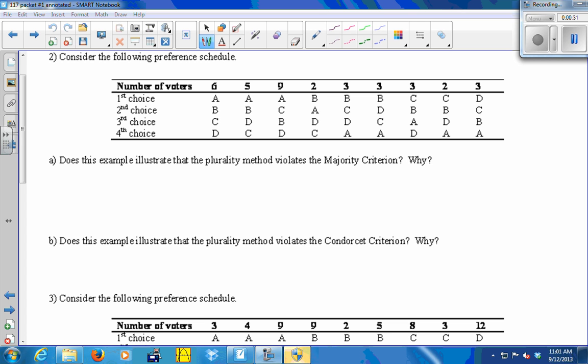So how many voters are there in this election? 55 votes, which means I need more than half for a majority. Half of 55 would be 27 and a half, so I need 28 for a majority.